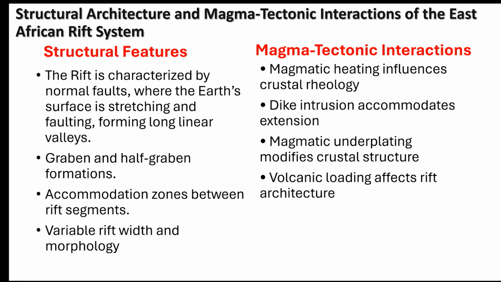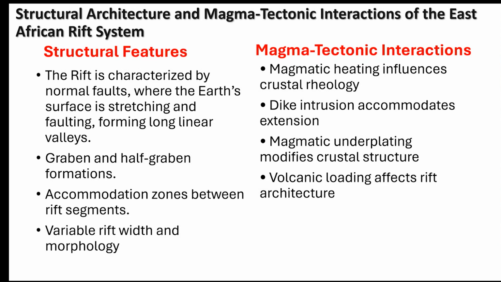We also need to know that magma-tectonic interactions influence the crustal rheology. What this means is that as the magma intrudes the surface, it determines the way the lithosphere reacts, leading to faults.